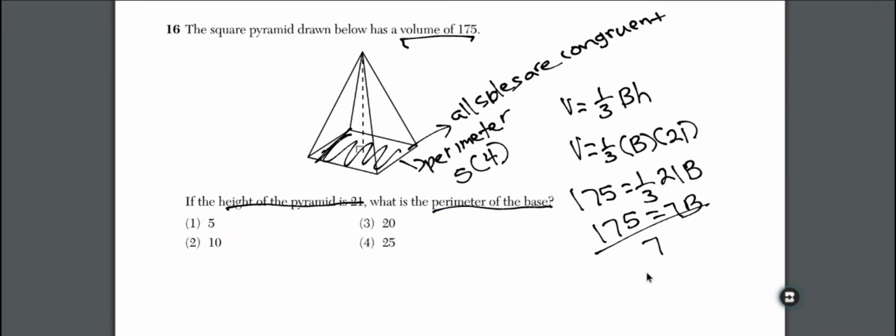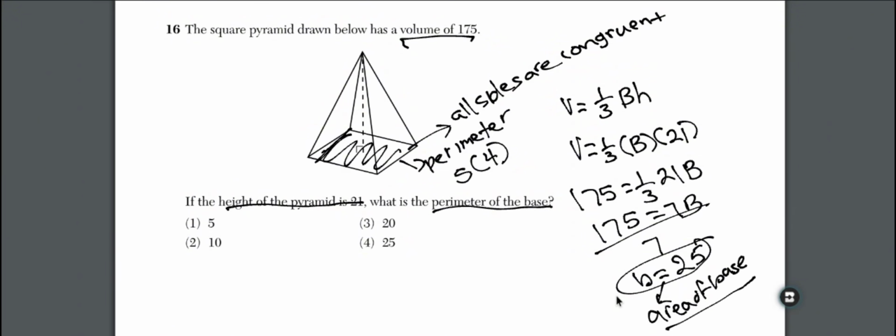I divide by 7 and I get b equals 25. So 25 is the area of my base. So if I know that is the area of my base and I want to find the side length of one side of the square, I can take the square root of 25 and get 5 to be the length of one side.